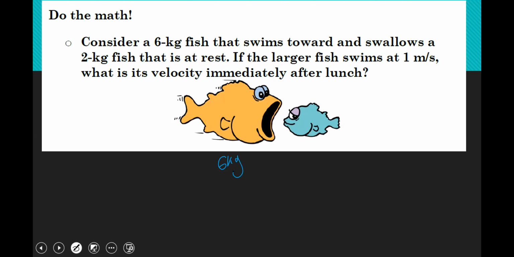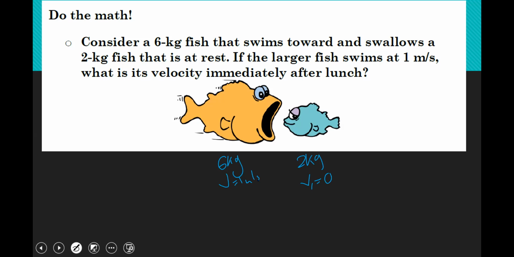And it swallows a 2-kilogram fish, which is at rest, so its velocity is zero. If the larger fish swims at 1 meter per second, what is its velocity immediately after lunch?